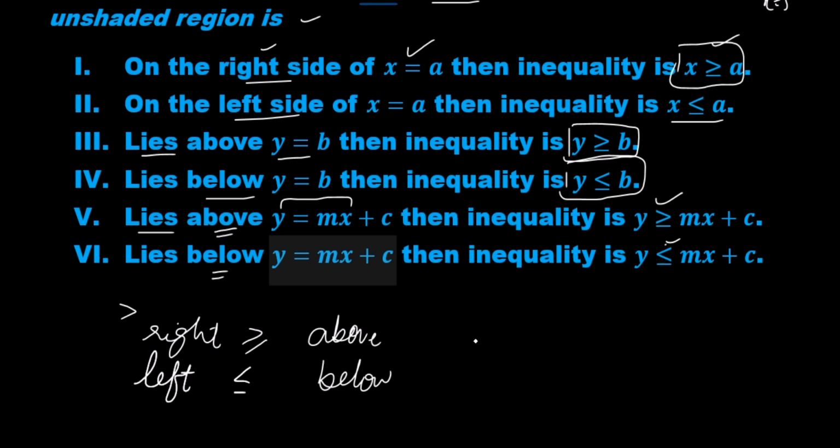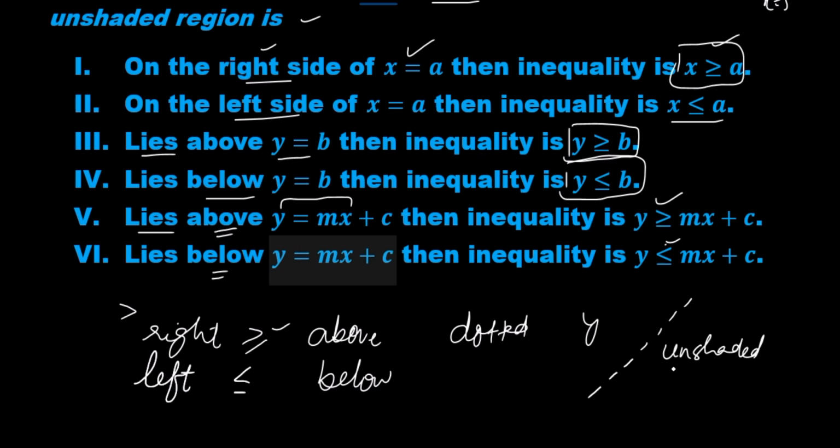Further, if our line is dotted, in case of a dotted line, we will not use the equal sign. Meaning to say, suppose the graph of the line is like this, a dotted line, and the unshaded region is here below the line.